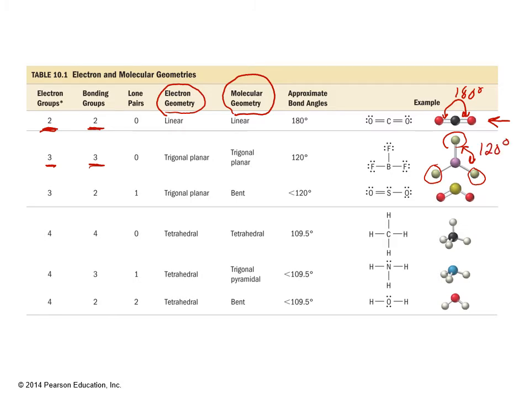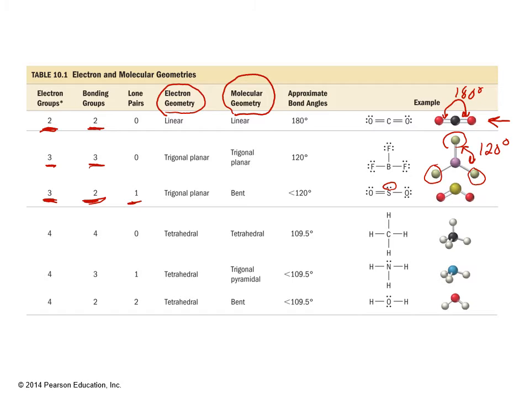between our bonds. We do have the case where we can have a trigonal planar electron geometry, so three electron groups, but only two of them form bonds and we have a lone pair. When this is the case, when we look at our electron geometry, it's trigonal planar, but when we look at the molecular geometry, we no longer see that lone pair as a point on the shape.